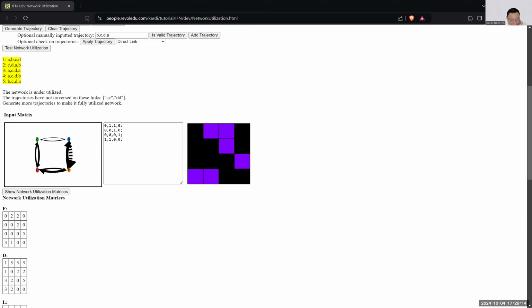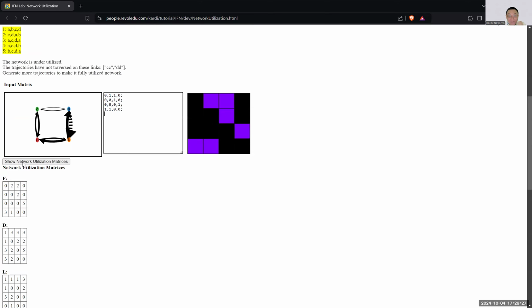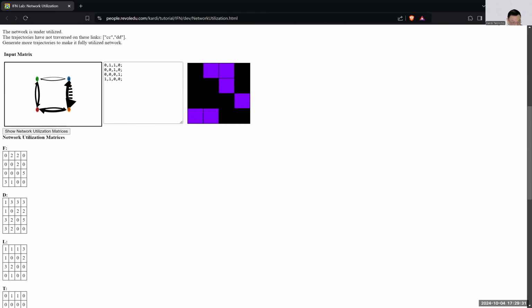Okay. So anyway, the network structure does not have... because this is in the lab of network utilization. So basically you can just input because we have it. Good. Okay. Is it the same? The flow matrix and the others are the same as in the slide? Can you compare?